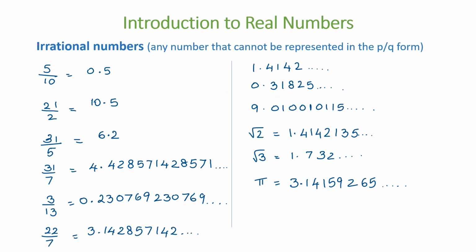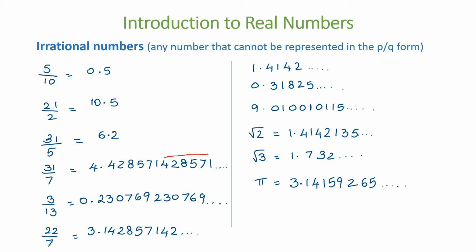So the irrational numbers are those numbers that cannot be represented in the P by Q form. So when you look at these numbers, you see 5 by 10 is 0.5. It is a terminating number. 21 by 2 is terminating. This is also terminating. In these ones, you observe that 428571 and again 428571.